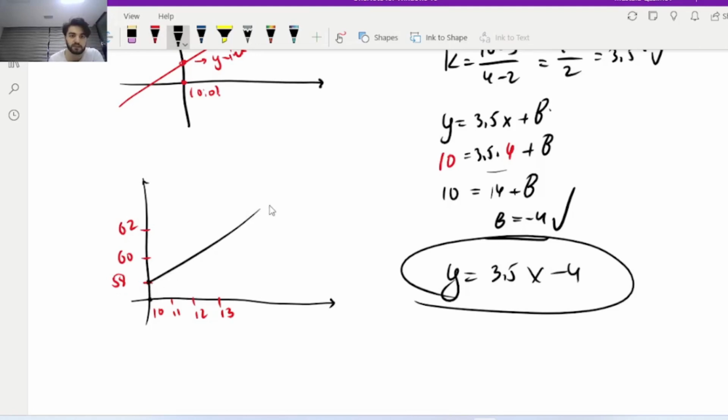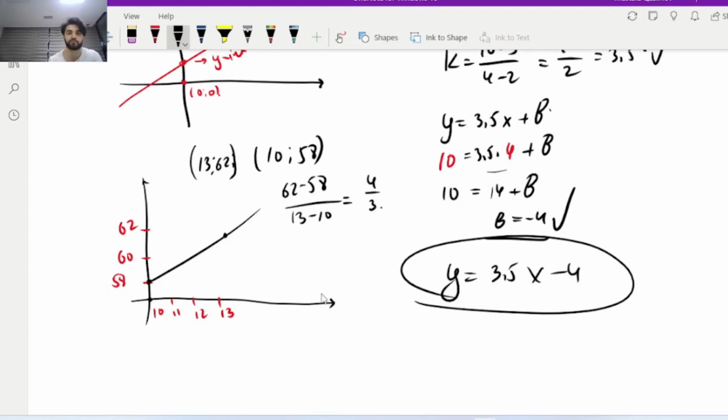First let's put 2 points from here. For example, this point is 62 and 13, and let's put this point 10 and 58. After that let's find slope. We will get 4/3. Y is equal to 4/3x plus b.